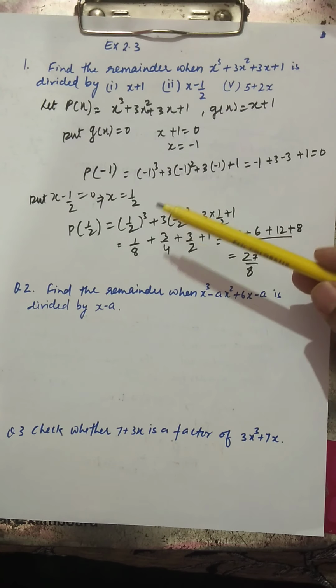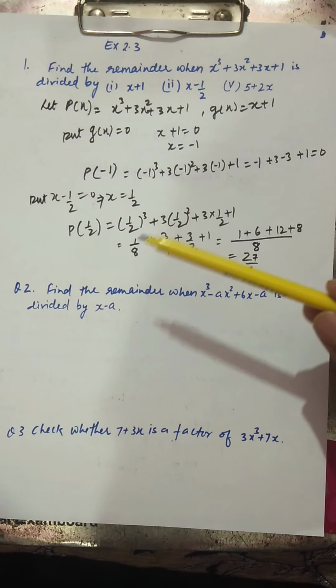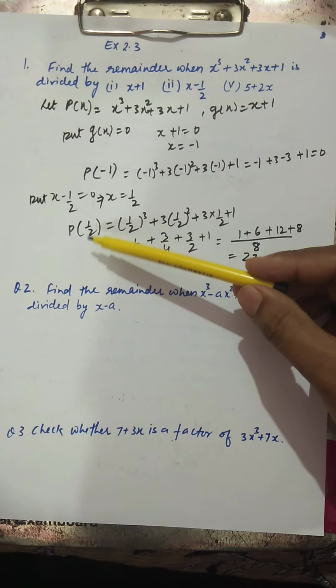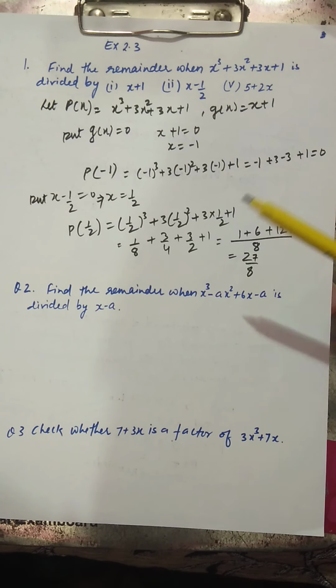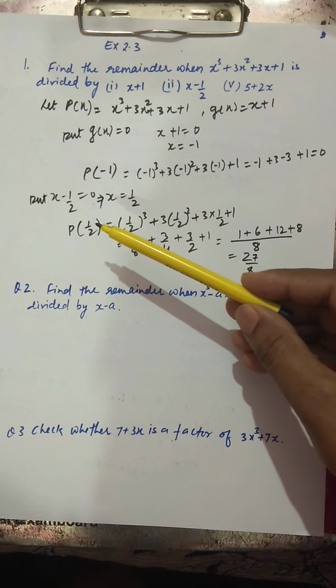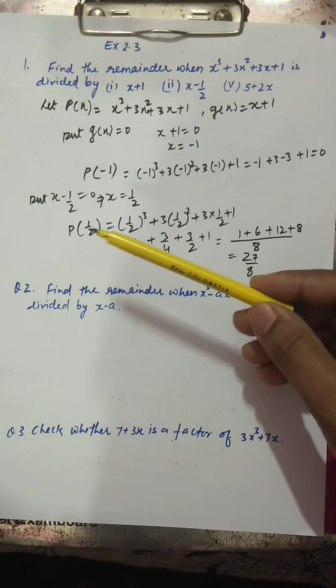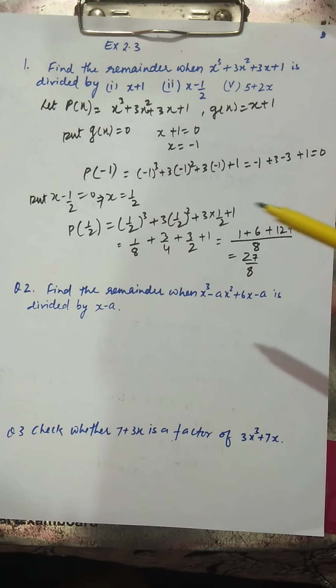And again, one more important thing, can I ask you whether x equal to 1 by 2 is the 0 of the polynomial? So your answer should be no, because your remainder is not coming 0. So very simple fact you remember please, that if your remainder is coming 0 at a particular value of x, then that value of x will be called 0 of the polynomial.